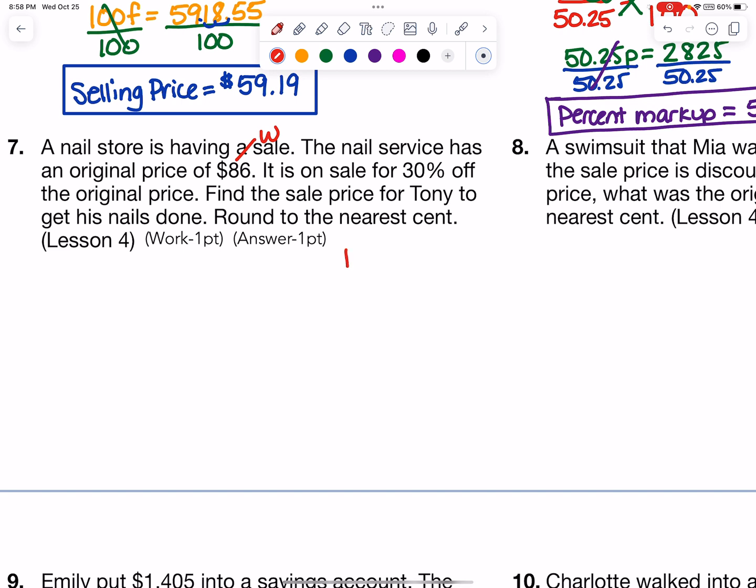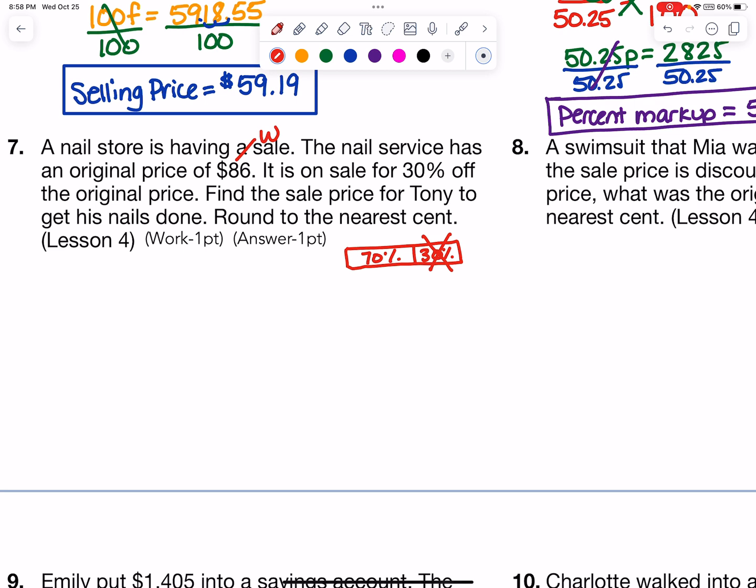So here's where you don't have to draw this box, but just remember, if the discount is 30%, we're removing that amount. And so to save time, you could find 30% and then subtract the 30% to find the new sale price. But instead, we could just find the remaining percent after that discount is taken away.